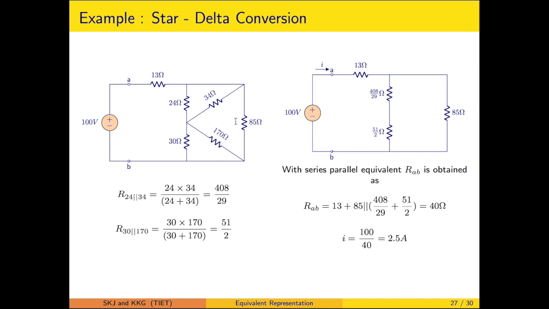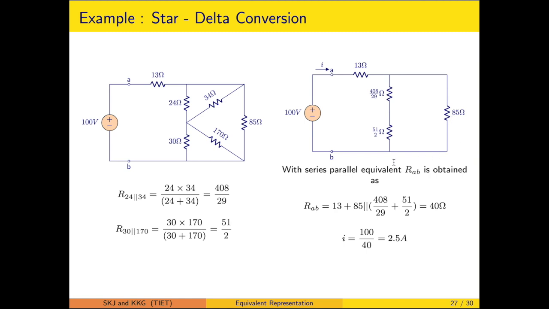In the next slide I am re-representing this. What you will be seeing is that this 24 and 34 are coming out to be in parallel, and 30 and 170 are in parallel. Here it is only a re-representation of the same node, not a circuit element. Now these two resistances are coming out to be in series, and that series combination is in parallel with the 85 ohm resistor.